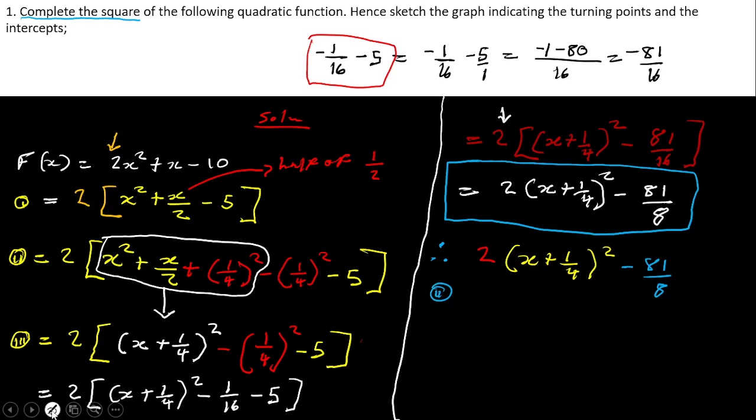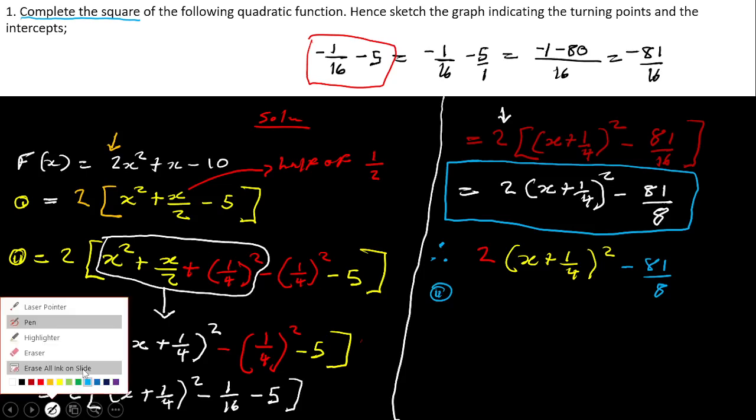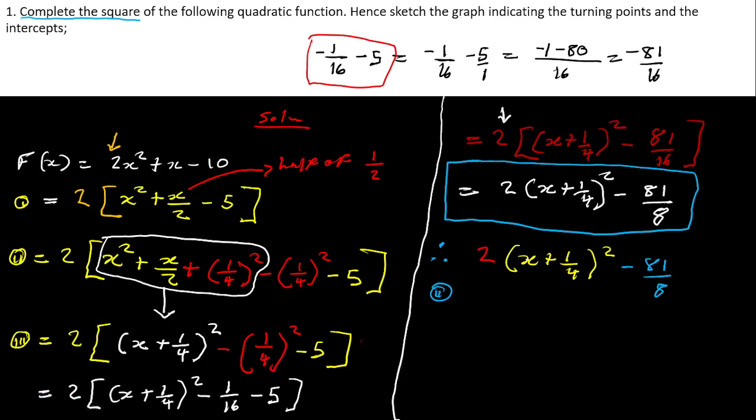For the turning point, you are not interested in anything else apart from the yellow part. The x component of the turning point comes from the yellow part. So you say x plus 1 over 4 is equal to 0, so x is equal to negative 1 over 4.